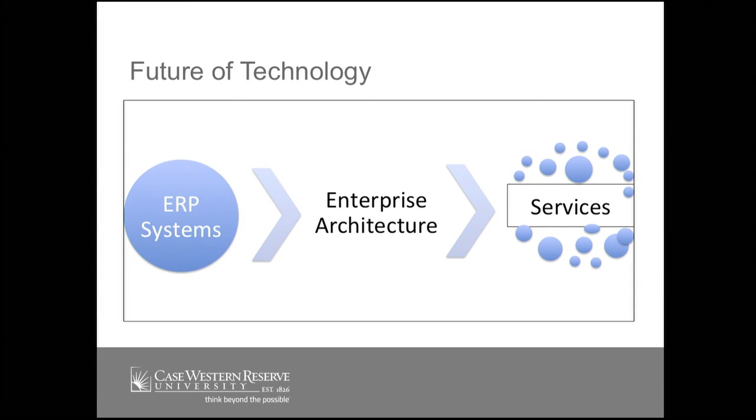And then the other reason I believe we need to be looking at this is the future of technology. Right now we have these ERP systems, and they're massive systems, and the technology is moving towards services. They're all split out: software as a service, Salesforce.com, even the QuickBase that we have today, using our track system, is software as a service.